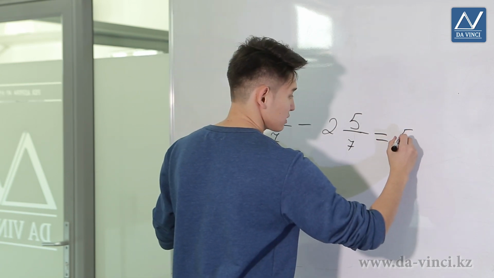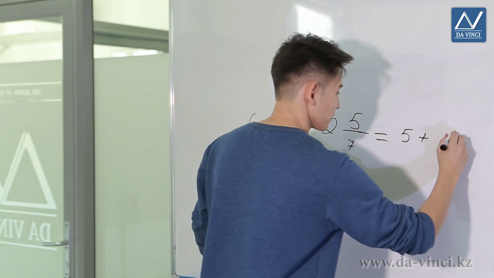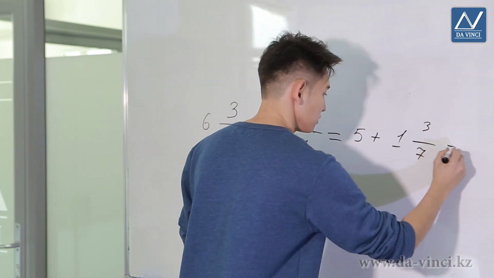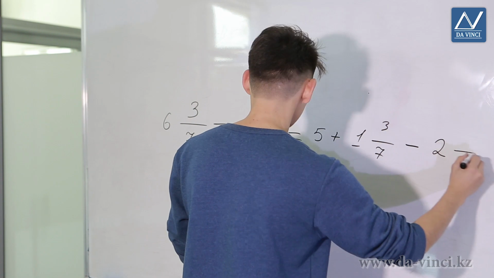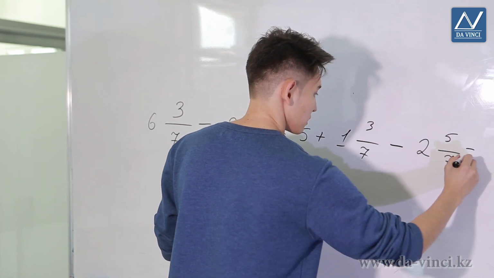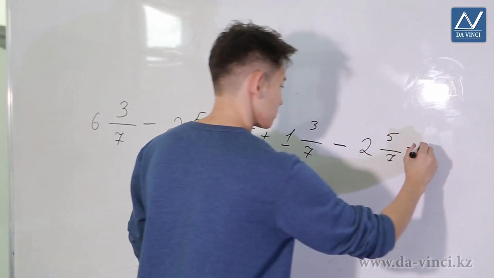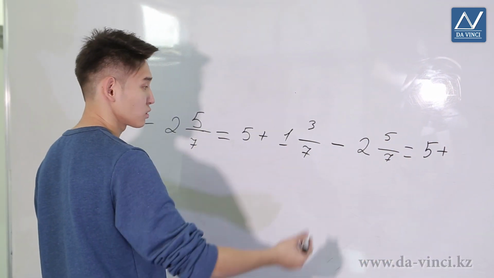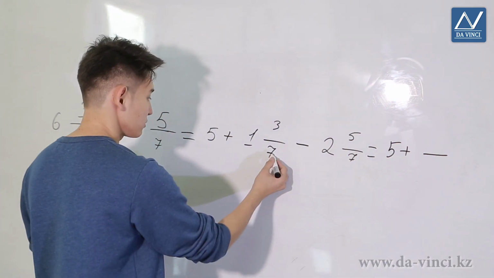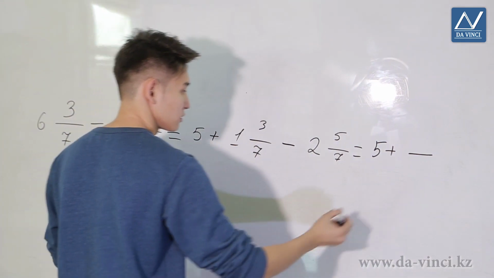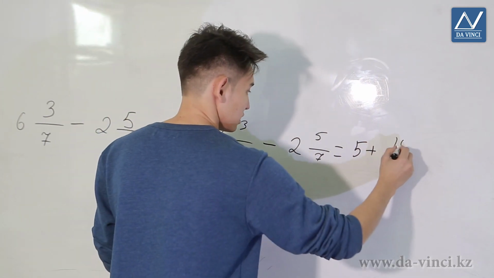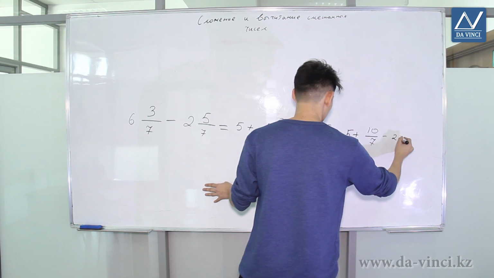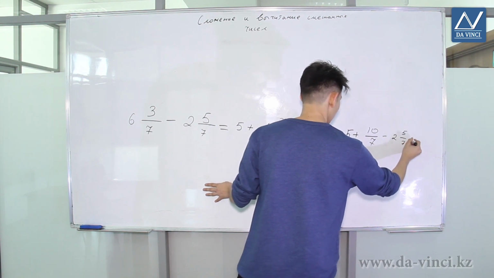The number 6 can be divided into 5 plus 1, and 3/7 minus 2 and 5/7 is equal to, we leave 5 as it is, plus we make an improper fraction from this one. So 7 multiplied by 1 plus 3 is 10. The denominator remains unchanged, minus 2 and 5/7.